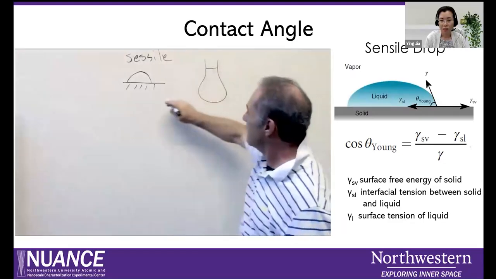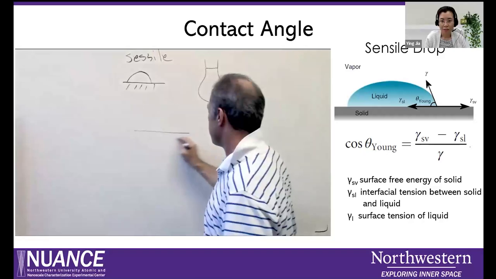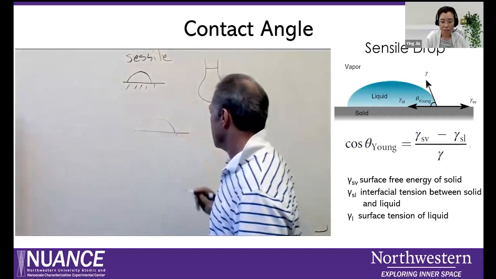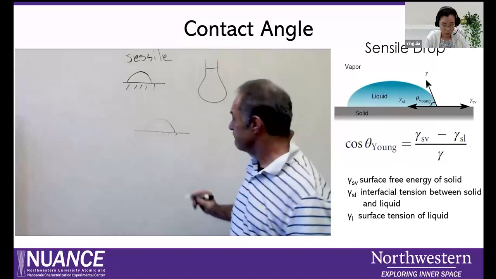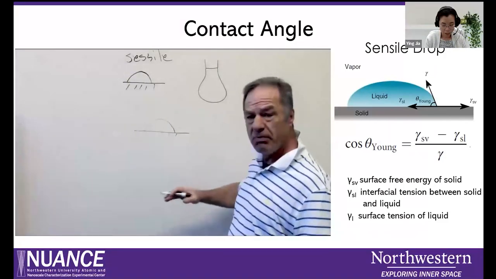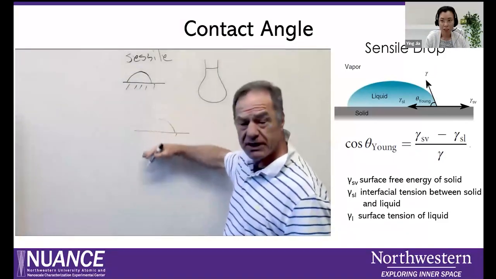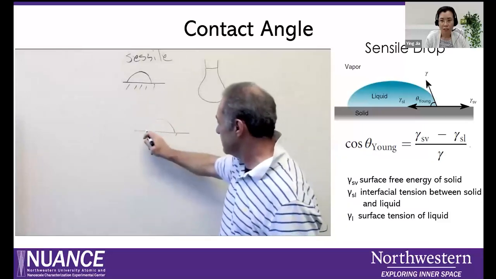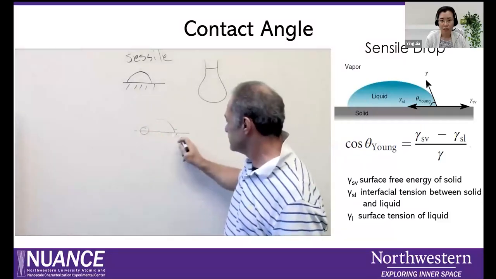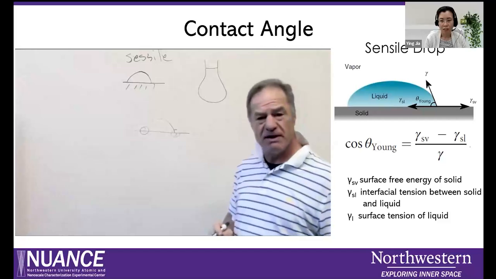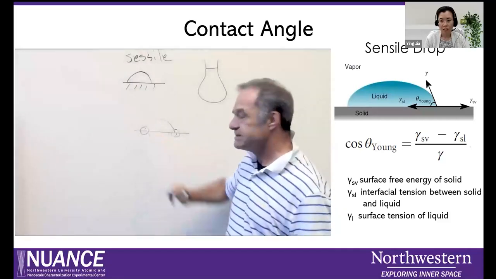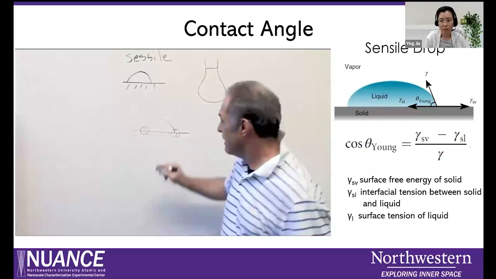Now, the sessile drop has a certain shape that's controlled by gravity, which will try to compress it downward. And the shape of that drop is also controlled by the angle at which this liquid drop meets the solid surface.